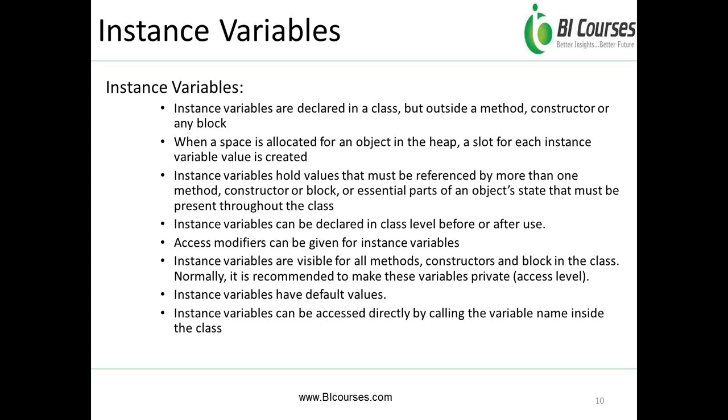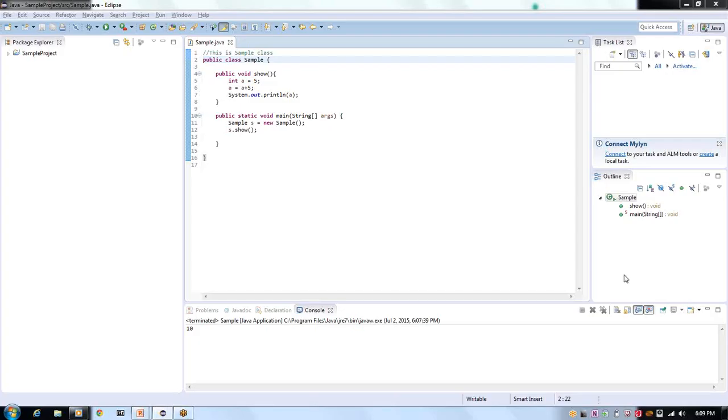Normally it is recommended to make these variables private. We will discuss why we need to make these variables private in future sessions. Instance variables have default values. Instance variables can be accessed directly by calling the variable name inside the class. So I'll explain each and every statement which we have read now in a sample program. See here, we have this sample class.